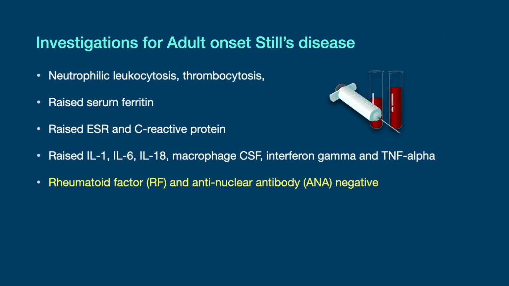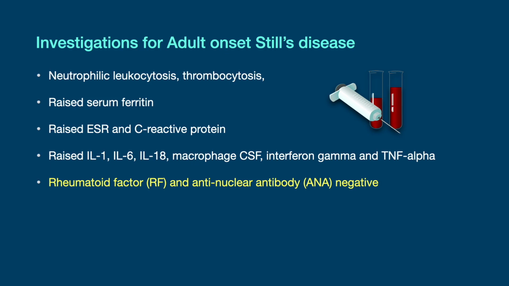Let's take a quick look at the investigations. Here we see neutrophilic leukocytosis and thrombocytosis. Raised serum ferritin, high serum ferritin with low glycosylated fraction, are characteristic, and these can be used as disease activity markers. Other inflammatory markers will be raised as well, and this is in keeping with the inflammatory nature of the disease.